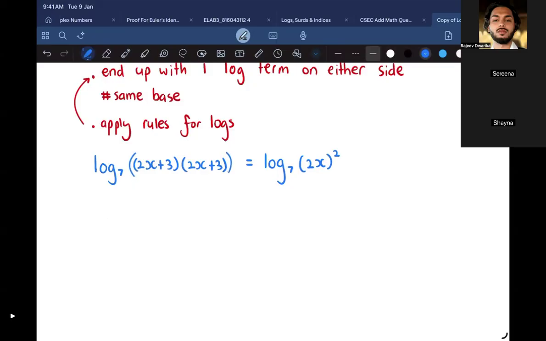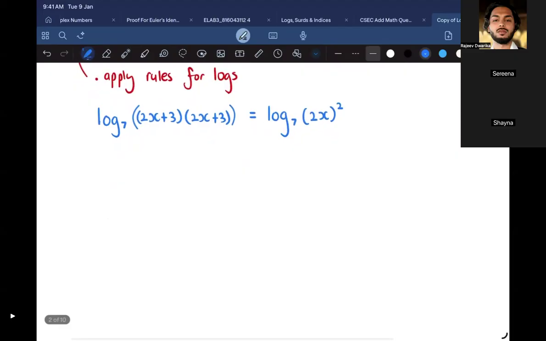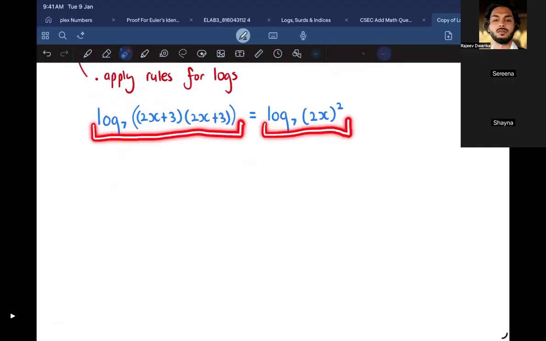Okay, so we have this. Can we all agree that we now have one log term on either side? Yes or no? Yes, sir. Serena, how many log terms are on this side? One.